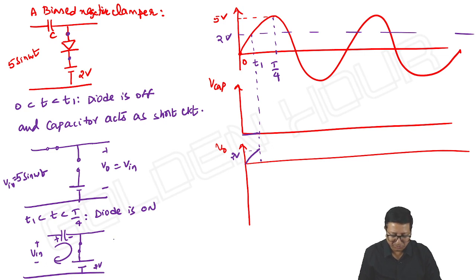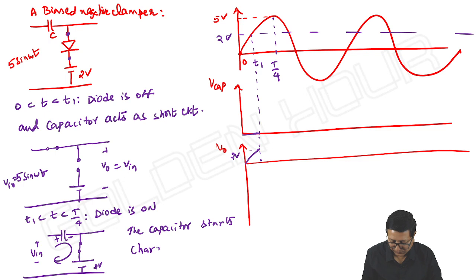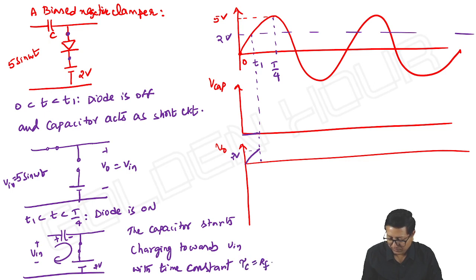So now what is the output equation? Then the capacitor will rapidly charge towards the input with time constant Rf into C. Then the capacitor is just following the shape of the input, right?